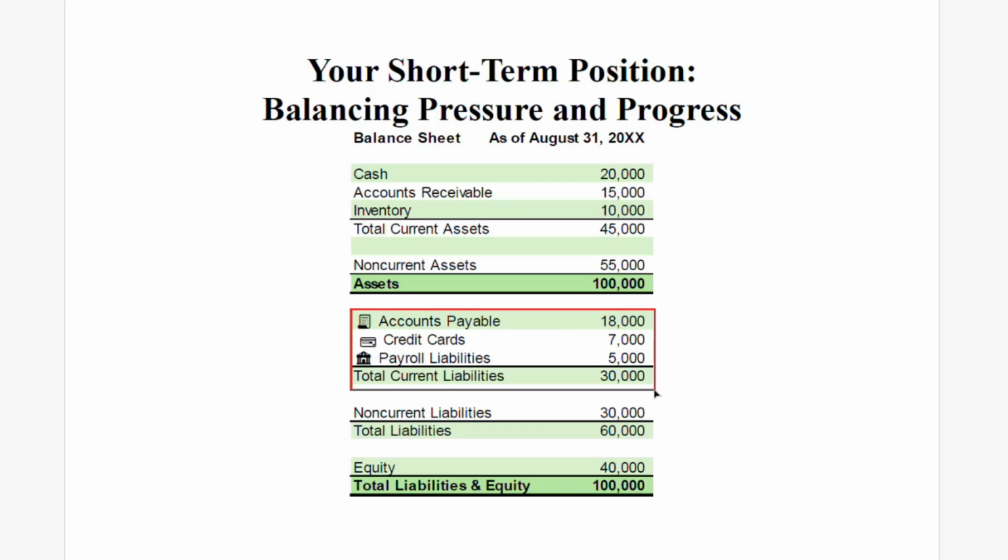I know we do 15 days. Credit cards, those are obviously not really out there that long. We'll talk a little more about payroll liabilities in a bit. Let's talk a little bit more about what each of these really means.